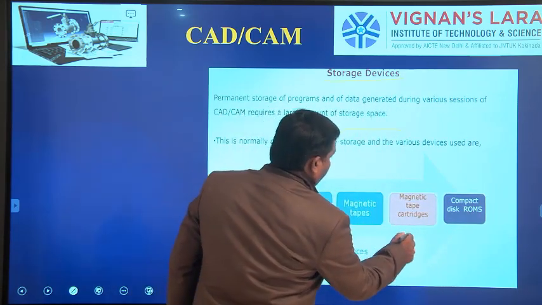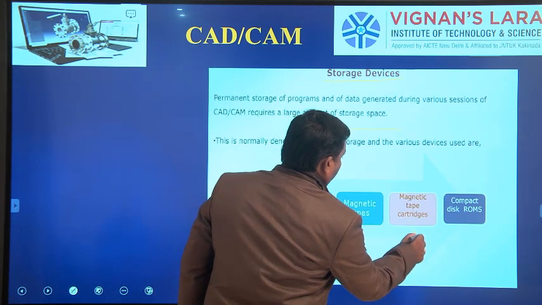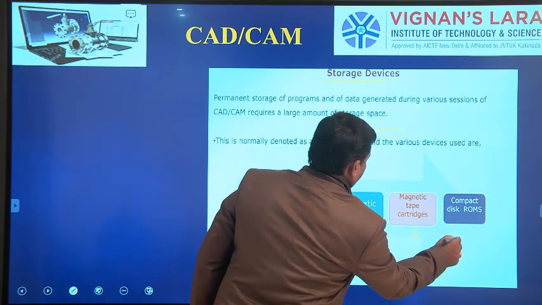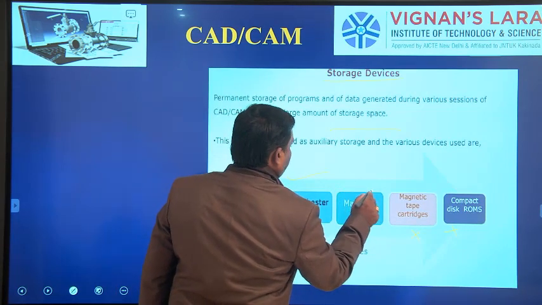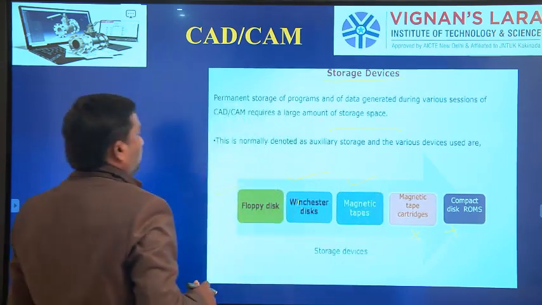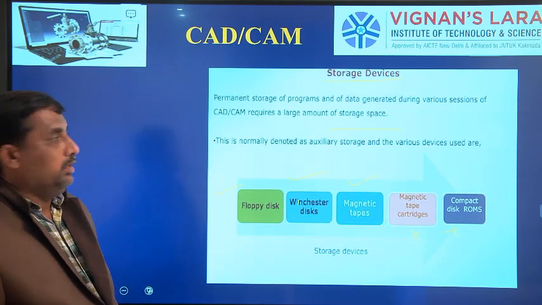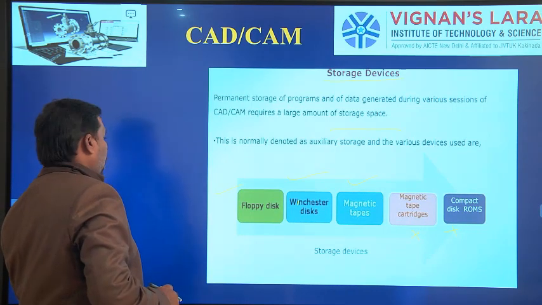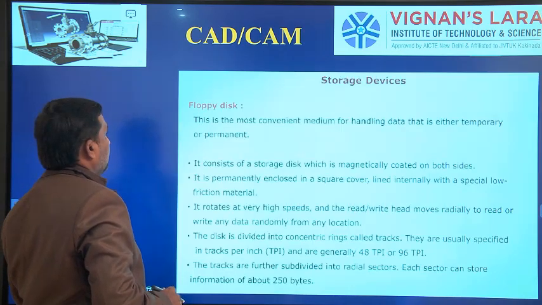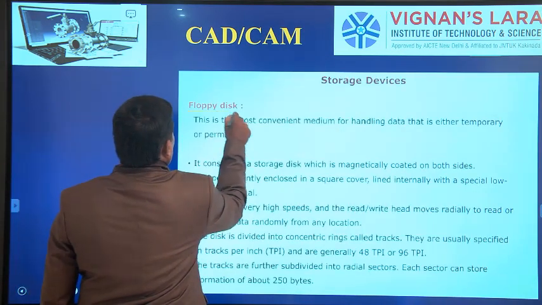In this lecture I won't deal with all of these. I will deal with the floppy disk, Winchester disk, and magnetic tape. These three storage devices we can learn here. Right, so let us go for the floppy disk.